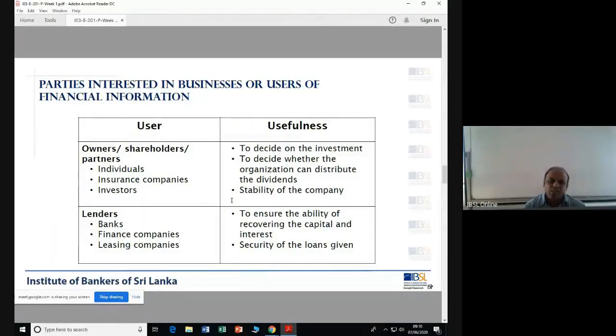Now, why do these lenders want to have the financial information of this business? Because to ensure the ability of recovering the capital and interest, very important. Please note the ability to recover the capital and interest. Now, in today's context, as banks, we have given loans to many.